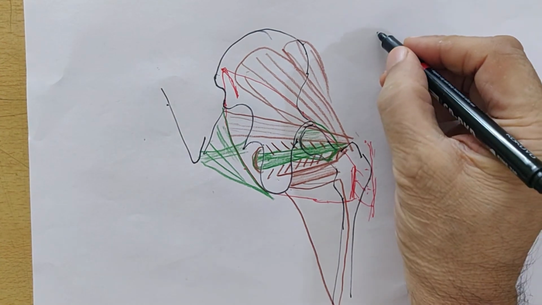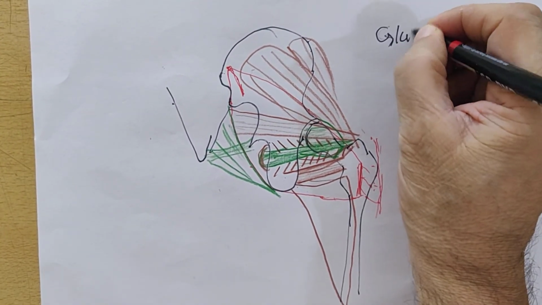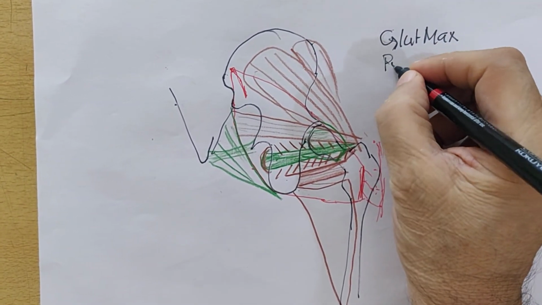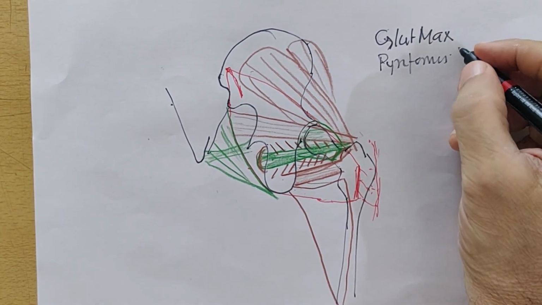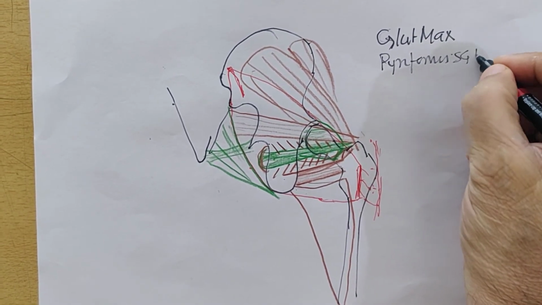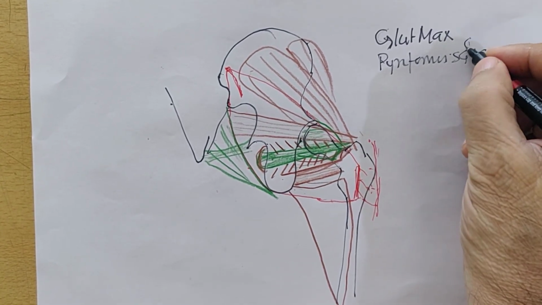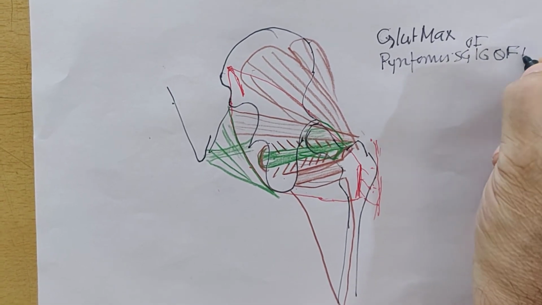So let us name them. First you will encounter the gluteus maximus. Then you will encounter the piriformis in line. Piriformis, superior gemellus, inferior gemellus, obturator internus in between, quadratus femoris, adductor magnus.